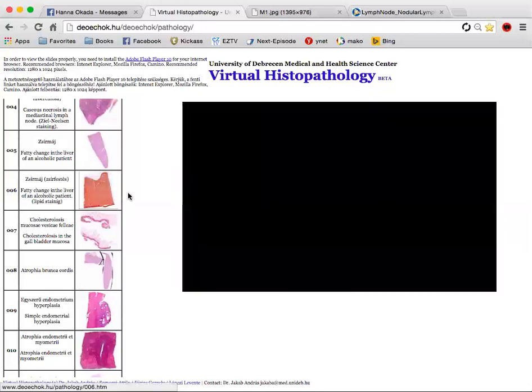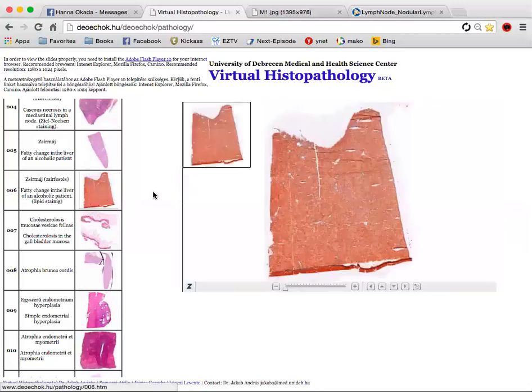So next up, this is the same thing. This is again fatty change in the liver, but this is stained with Oil Red O, and that is supposed to stain lipids red. But this slide is a really bad preparation. I don't even think I've heard of anyone who actually got this, because it's really bad preparation.